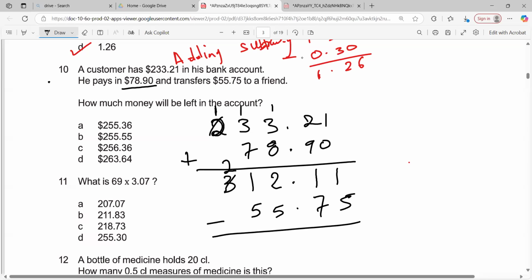Then you're going to put 1 on the 1. Then you're going to cross it out and put 10 at the top.